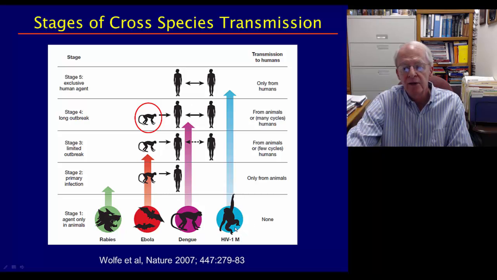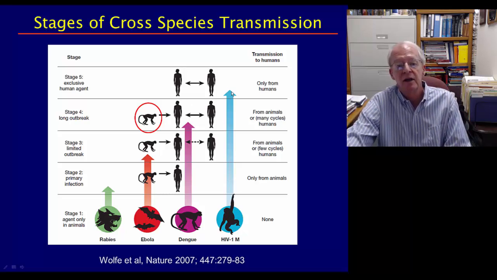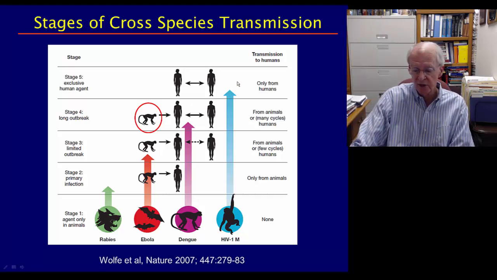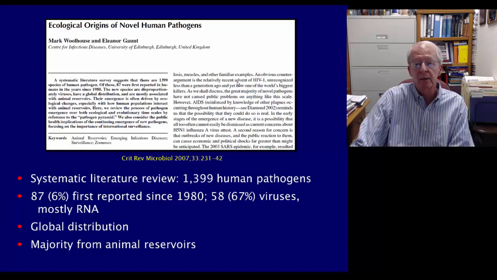And here on the right is HIV and a depiction of the fact that it made it all the way to stage 5, where exclusively human-to-human transmission is responsible for continuation of the pandemic.